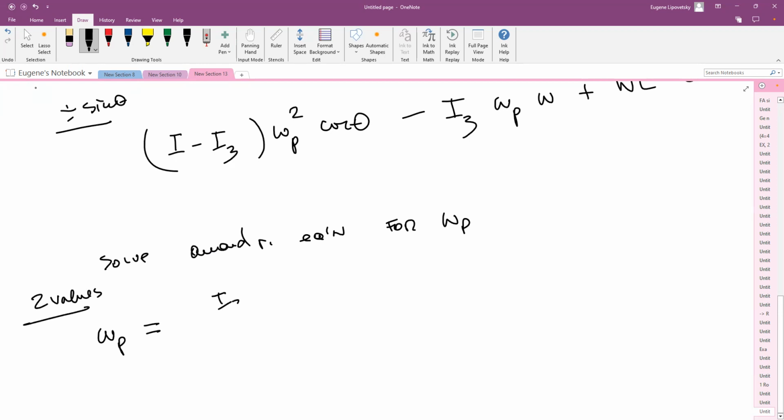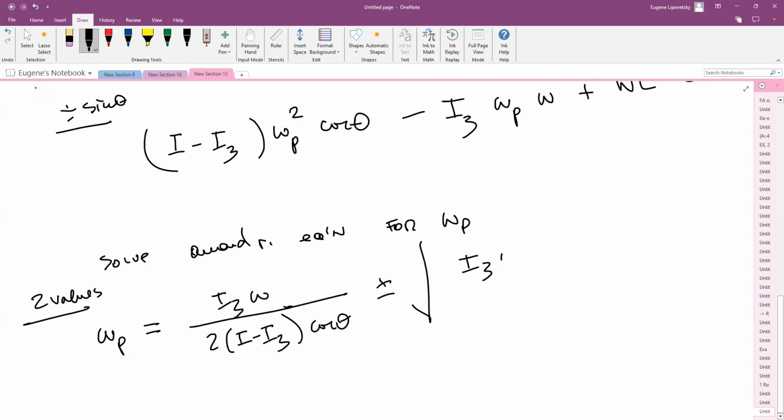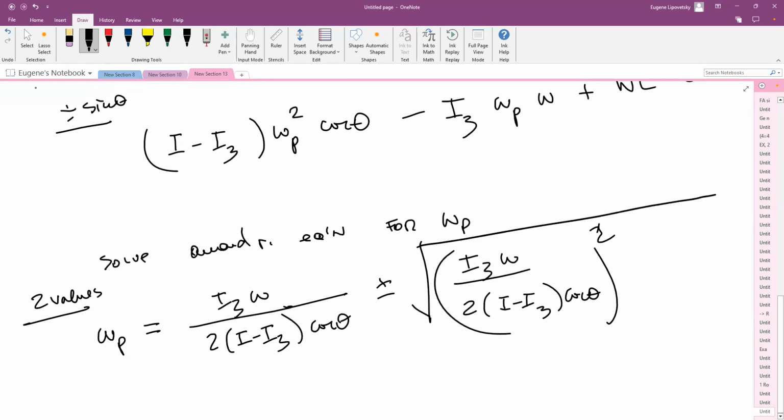So omega p turns out to have two values. It will be I sub z omega over 2 times I minus I sub z cos theta, plus or minus the square root of I sub z omega over 2 times I minus I sub z cos theta, squared, minus WL over I minus I sub z cos theta.